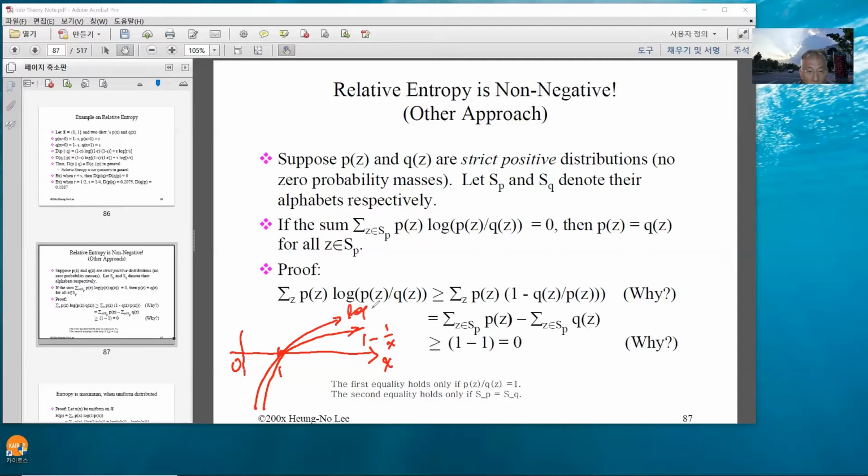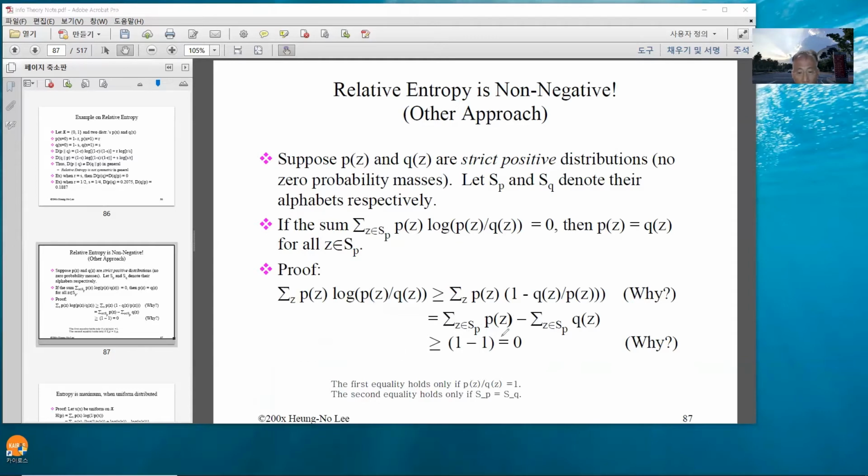This is log of x. At input 1, both will give you 0. So that's the case. So this first inequality makes sense because of this fact. Let me erase it. So that is the reason.